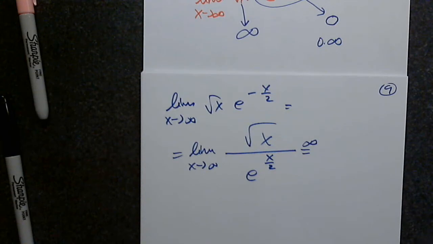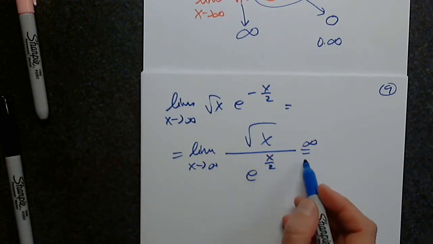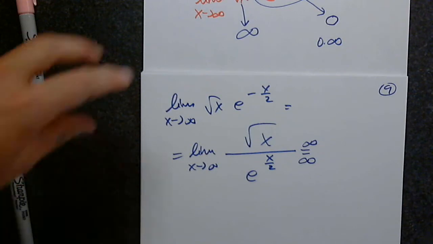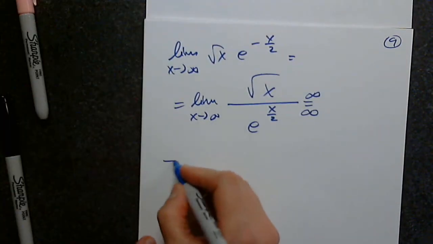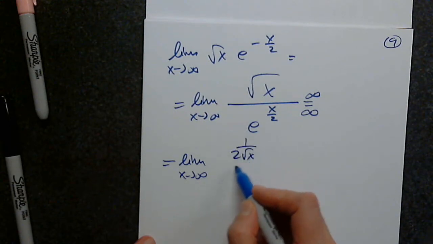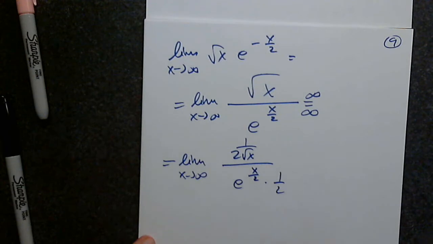Where does the denominator go? So this is infinity. Now e to infinity is, yep. Once we brought it down, it has a different story. So now this is x approaches infinity, 1 over 2 the square root of x over e to x over 2 times 1/2.